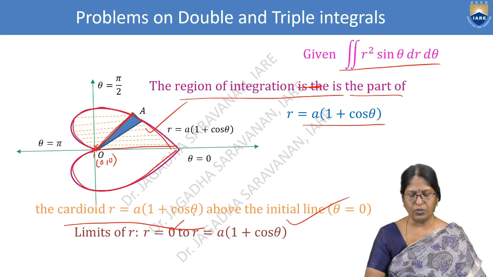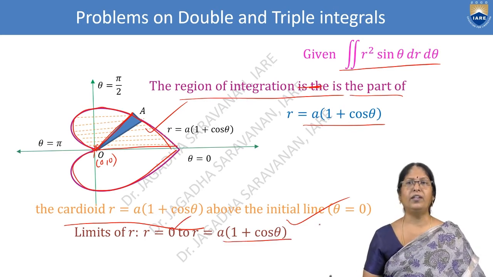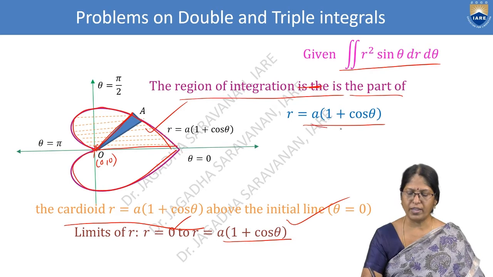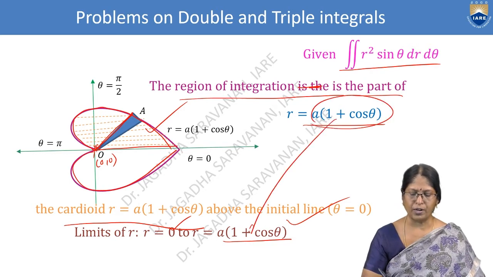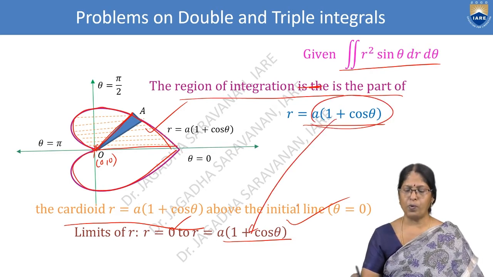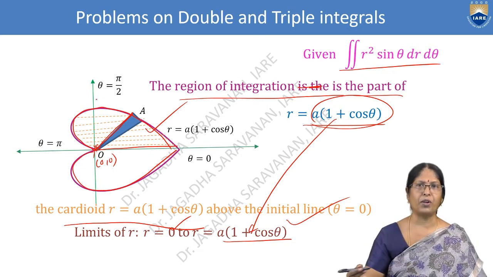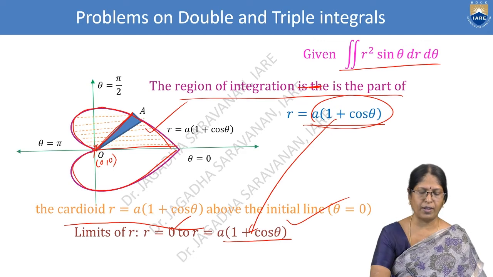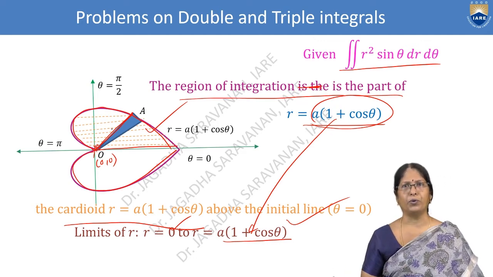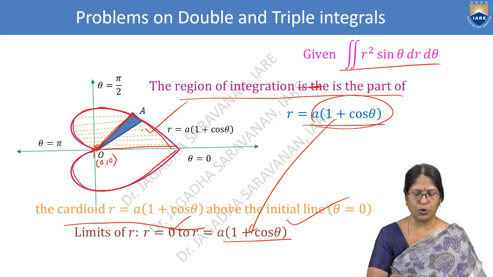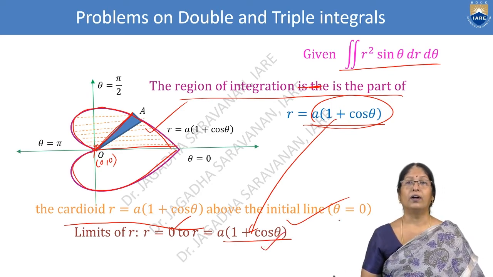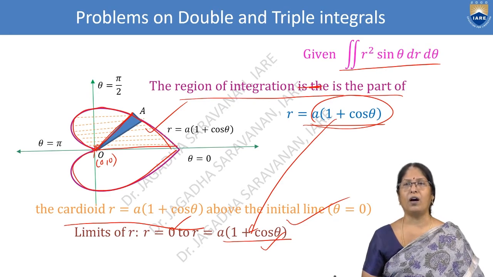So r goes from 0 to, this is the condition of the cardioid given in our problem. According to the curve which is given, the shape will be drawn accordingly. So r goes from 0 to r equal to a of 1 plus cos theta.